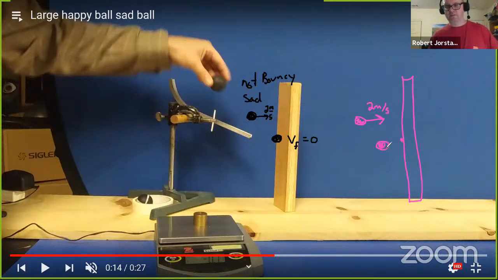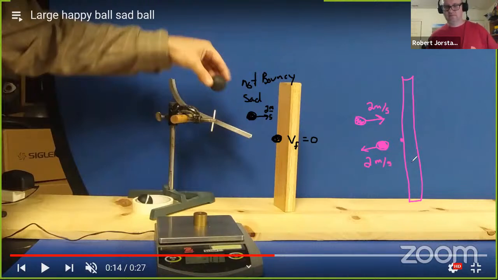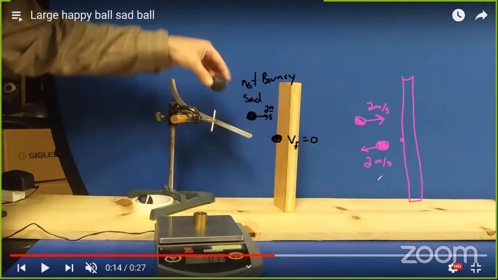Assuming it's perfectly bouncy, how fast would it be moving after the bounce? 2 in the other direction. Which one exerts more force? Which one has the larger change in momentum?